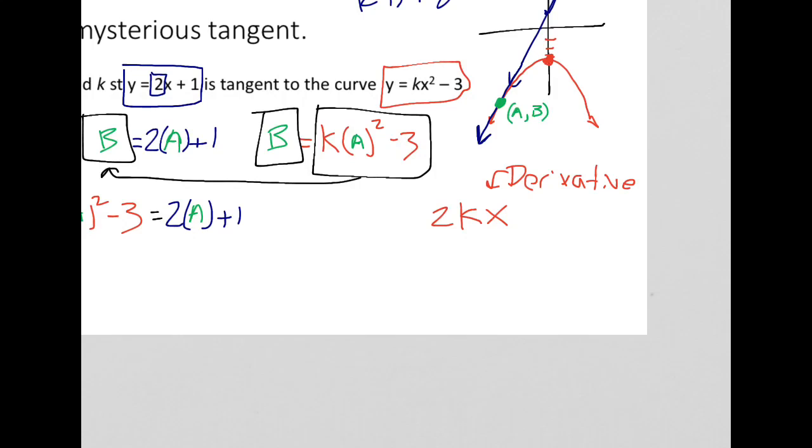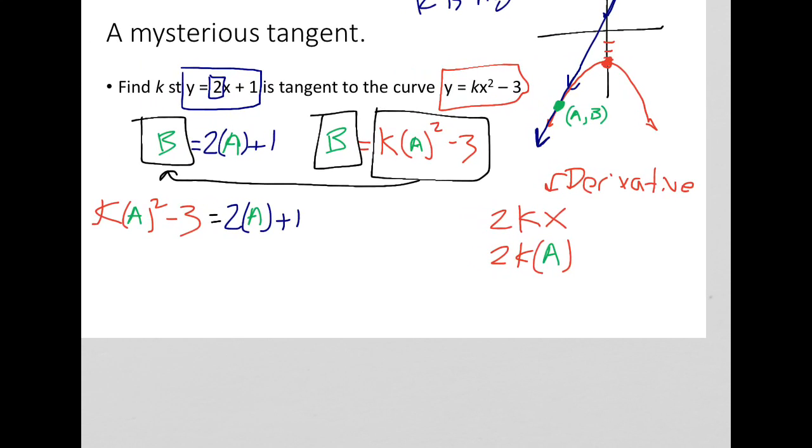And what do we know about the value of the derivative at, say, the x value of a? So 2k of a. Well, I know that the derivative at that point is 100% equivalent to the slope of the tangent line at that point, and the slope of the tangent line at that point is 2. So now I get that equation.